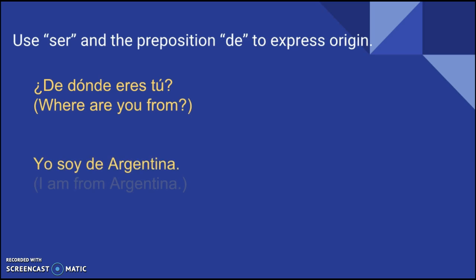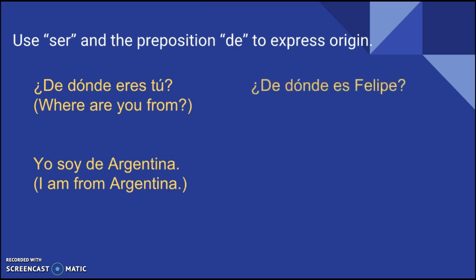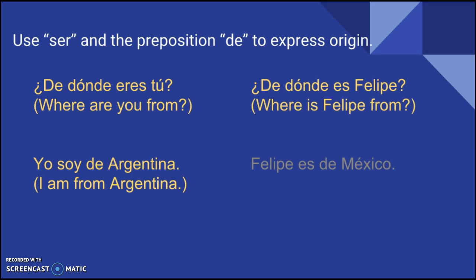To answer, you would say, yo soy de wherever you're from. So in this example, yo soy de Argentina. If you're asking about someone else, ¿de dónde es Felipe? Where is Felipe from? Felipe es de México. Felipe is from Mexico.